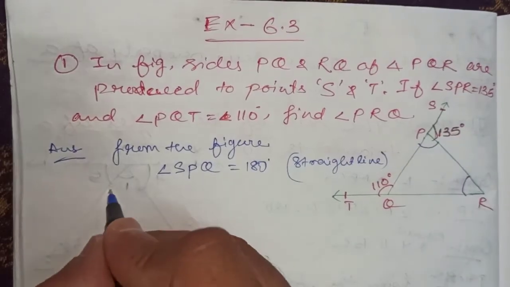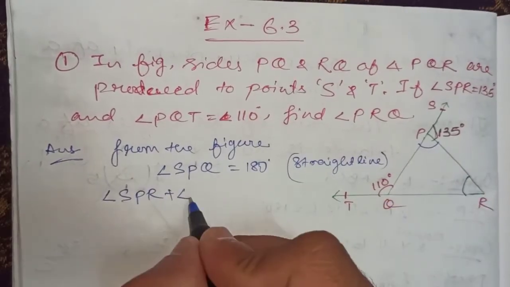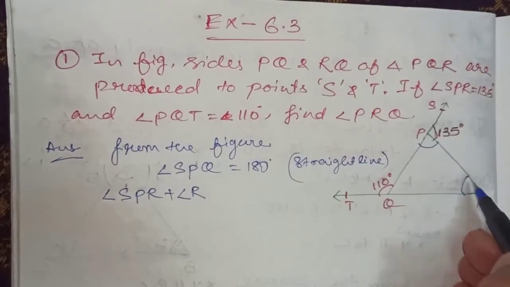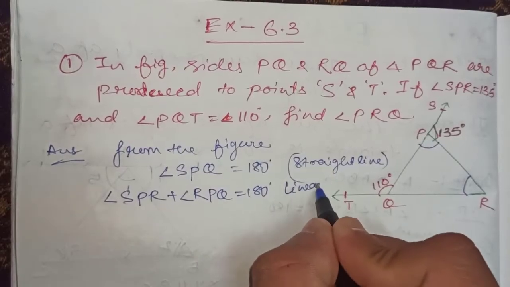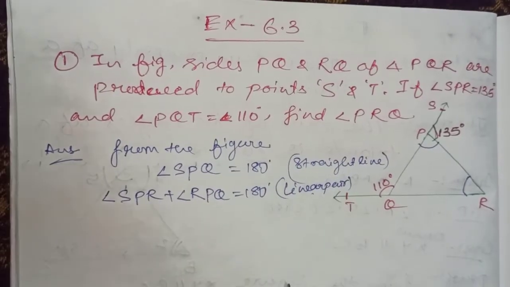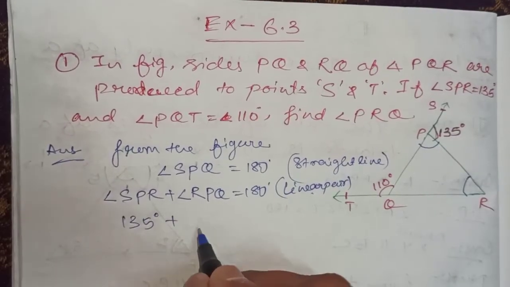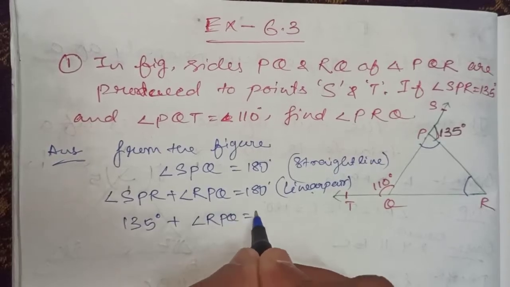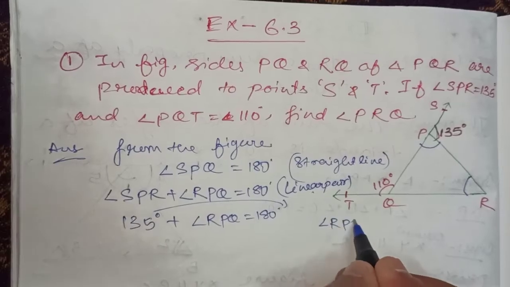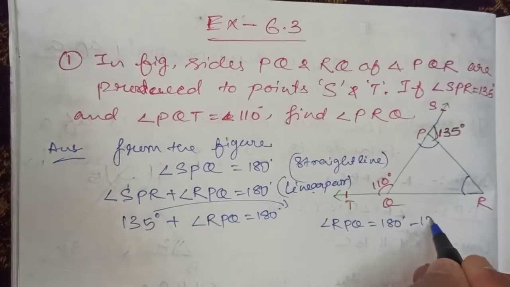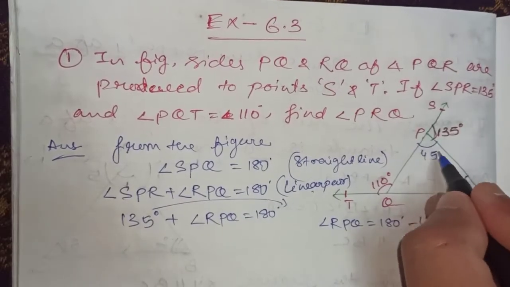So I will write here angle SPR plus angle RPQ equals 180 degree because it is a linear pair. SPR is 135 degree, plus angle RPQ equals 180 degree. Subtract 135 this side. Angle RPQ we will get 180 minus 135, that is 45 degree. So angle RPQ we got 45 degree.